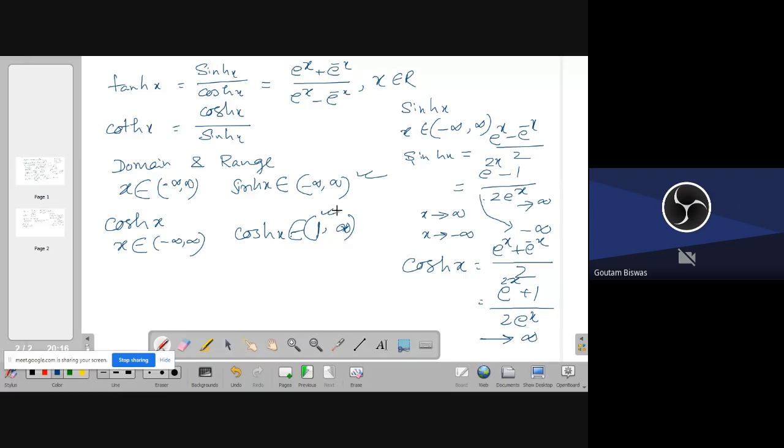So this becomes 1 to infinity. That means the negative part of x has been mapped to 1 to infinity, and the positive part also from 1 to infinity. So in this way, you have to find out the domain of these functions.